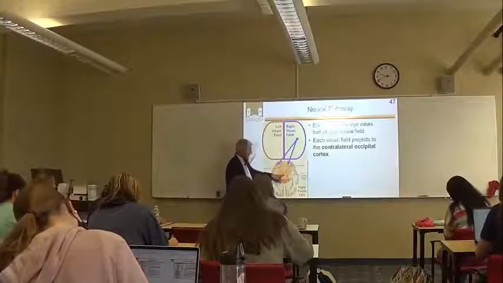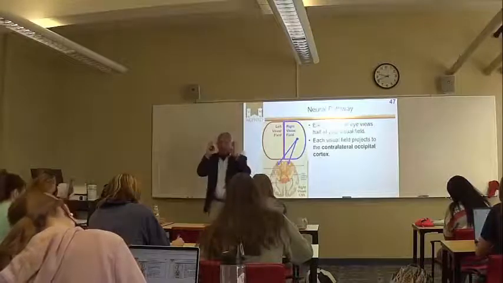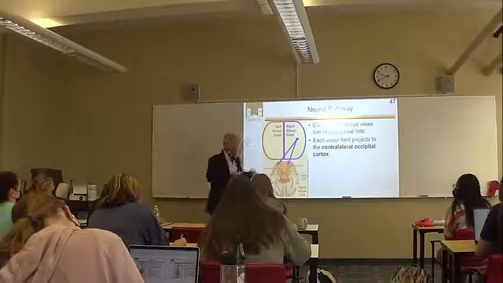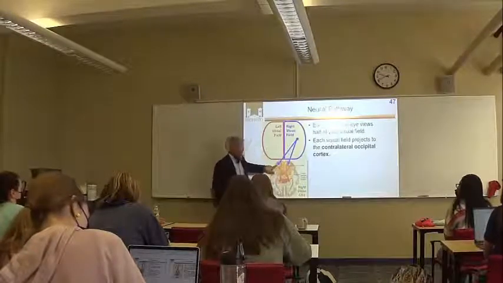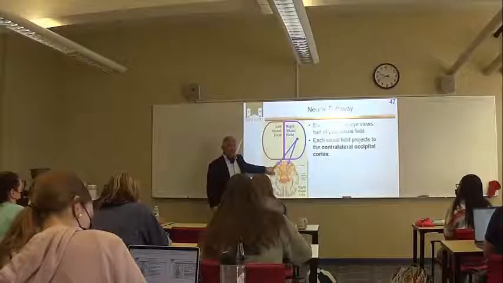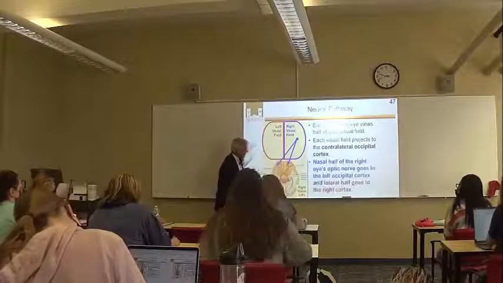Why do you have to learn optic chiasm? Because it's important because the nasal, the medial part, the nose part of each eye crosses over, and meets up with its partner from the lateral part of the other eye that stays on the ipsilateral side, right?